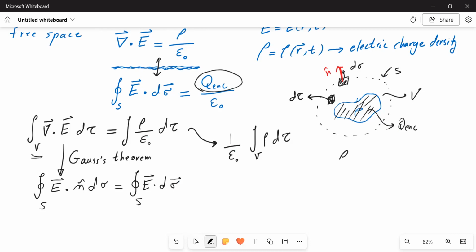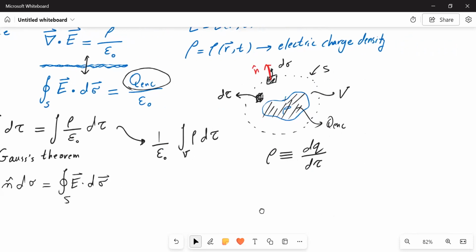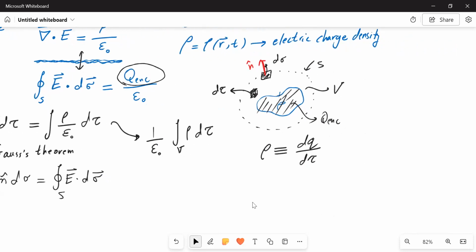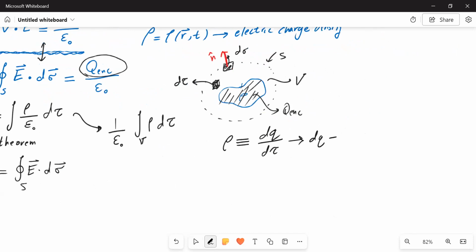In other words, the definition of volume charge density is charge per unit volume. And if I rearrange this, I can easily say that the little element of charge within some infinitesimally small element of space would be given by rho d tau.